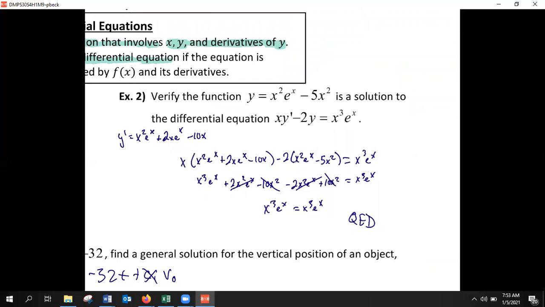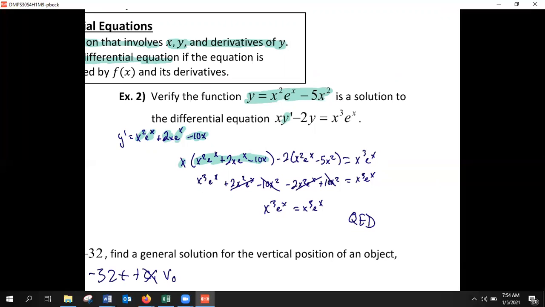This one's a little bit more complicated. So we have our function y equals x squared e to the x minus 5x squared. So when we come up with y prime, we do have a product rule, u dv plus v du. So x squared e to the x plus 2x e to the x and then minus 10x. So we plug that in right here for y prime, multiplied by x. And you can see that I've already done some of the algebra here.